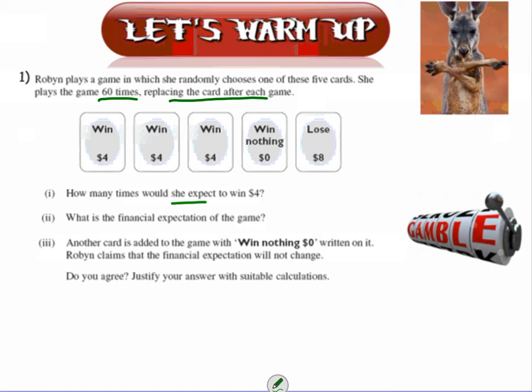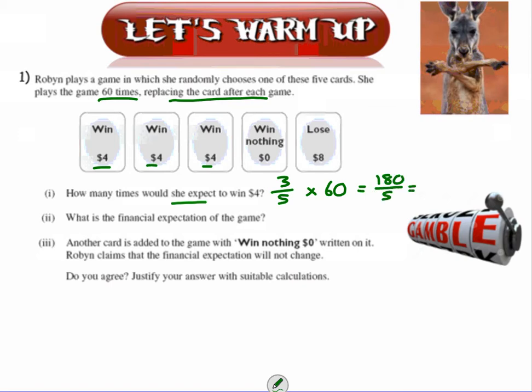So to begin with, what is the probability that she would win $4? You can see there's 3 cards where she wins $4 out of 5. So it'll be 3/5. But how many times? There's a 3 in 5 chance, and she does it 60 times. So it's 3/5 times by the number of times you repeat the experiment, which would give you, if you were to do it by hand, 180 divided by 5.